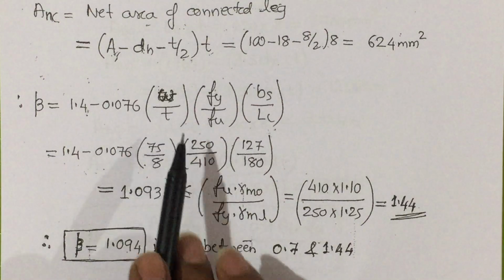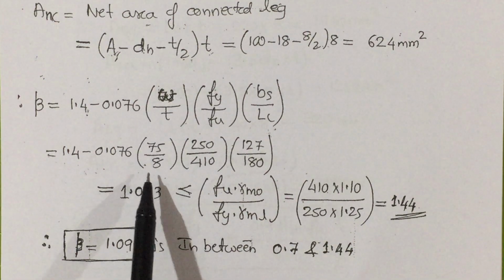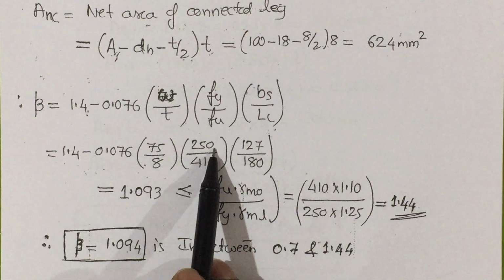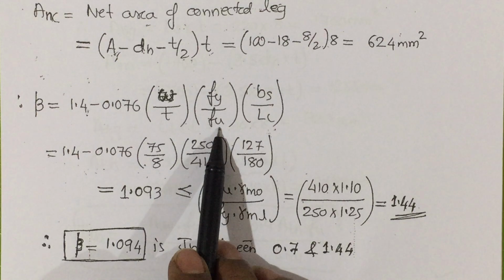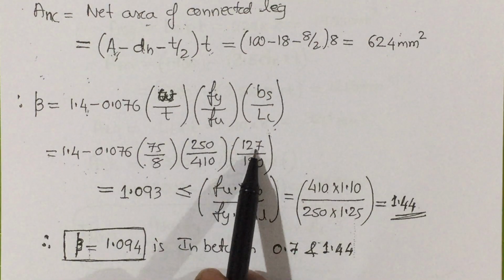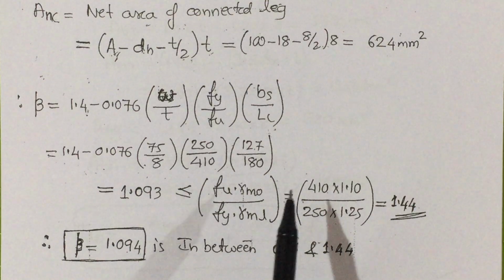So substitute: W is nothing but the outstanding leg length, 75, thickness is 8, Fy is 250, fixed. Fu is nothing but the ultimate stress of the plate, it is always 410. Then Bs, shear lag length, we calculated as 127. Then Lc we calculated as 180.